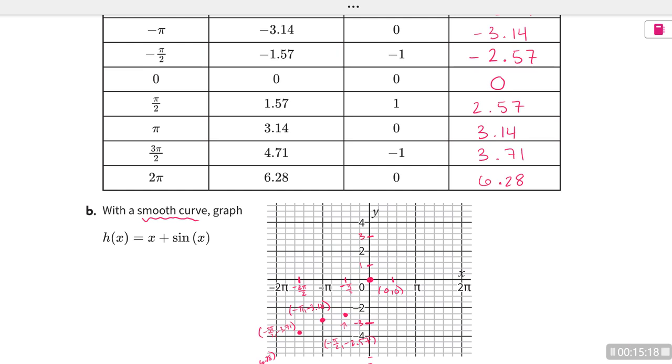Right? So we have 2.57. That's probably good. Pi over 2, 2.57. And then we have pi and 3.14. So pi and about 3.14.